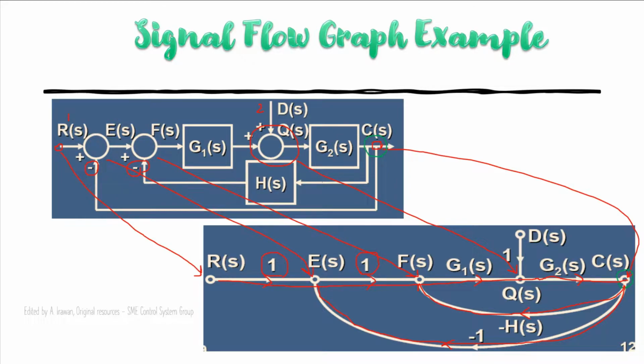So another one, we have this input, another input, the second input from DS. So one node for the inputs and one line to these nodes. And in between DS and the summation node, they represent the summation junction as QS, so they don't have any blocks in between, so we just put 1 here.